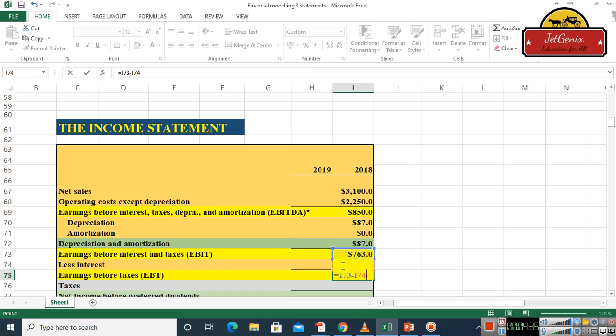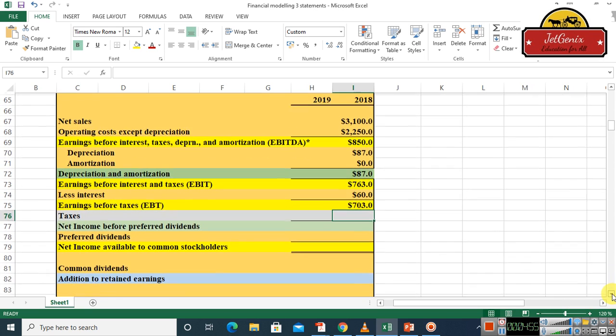Okay, which is here. This is the interest expense, so I'm gonna select the cell I-74. Okay, and now I will press enter. So the earning before tax, or EBT, is $703.